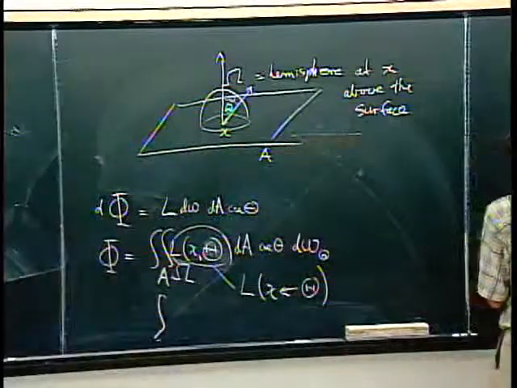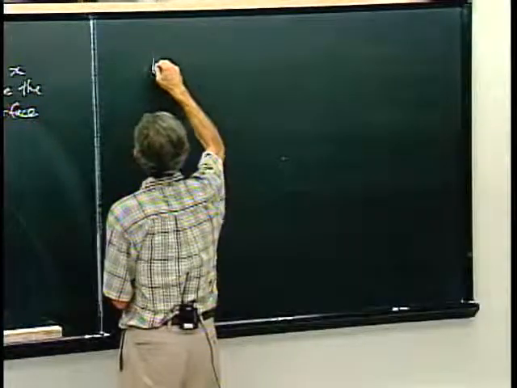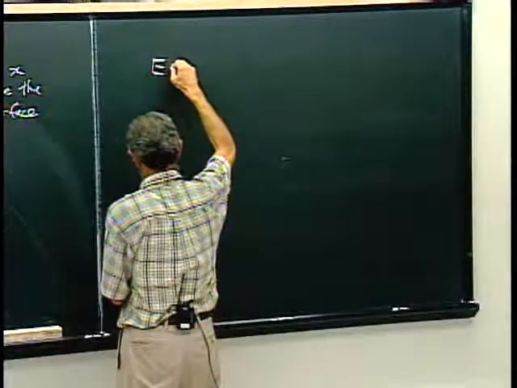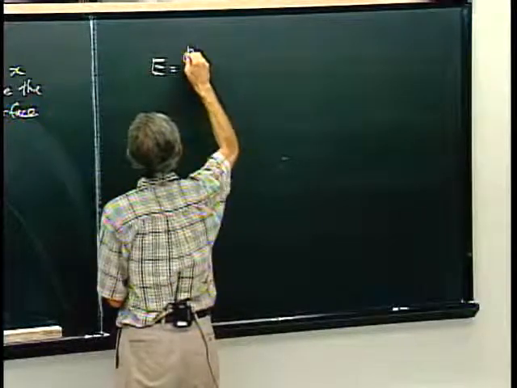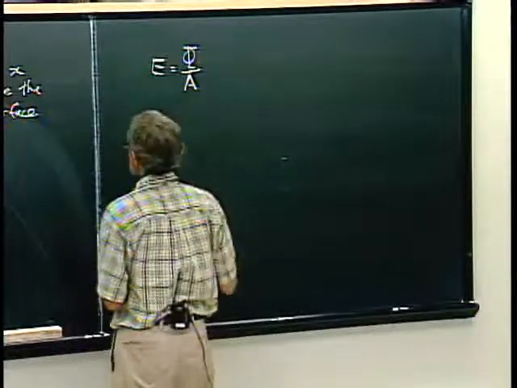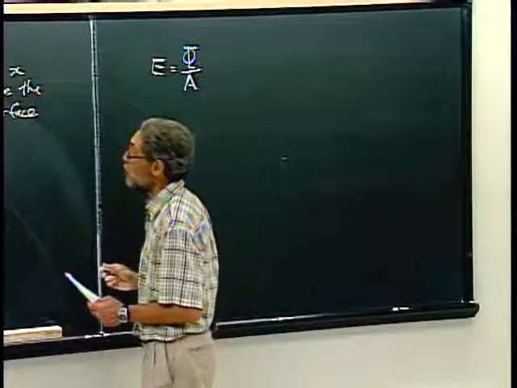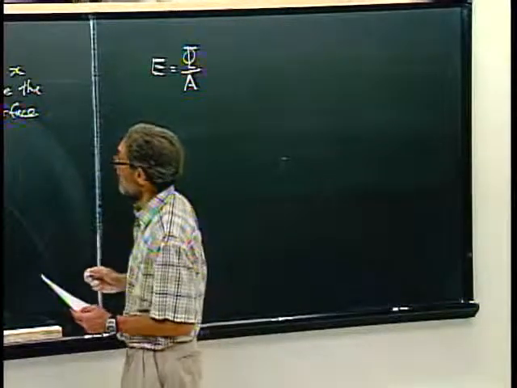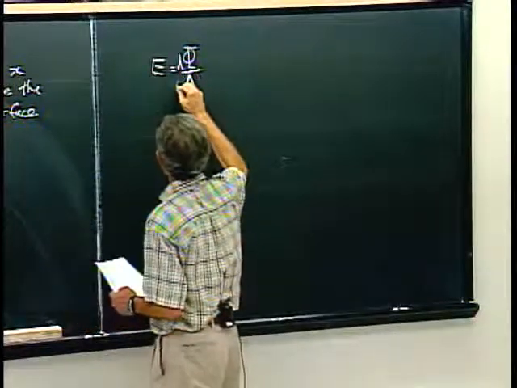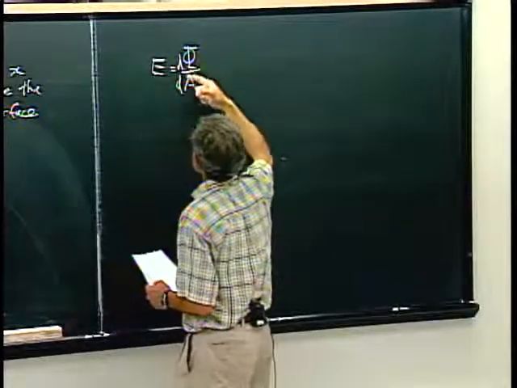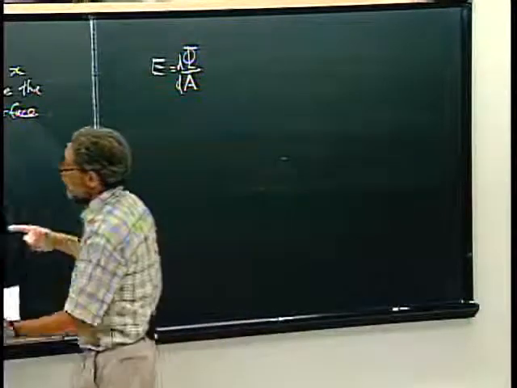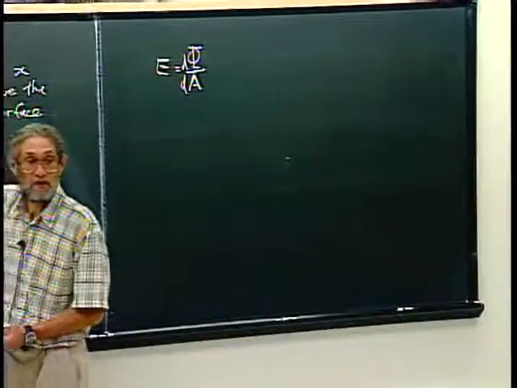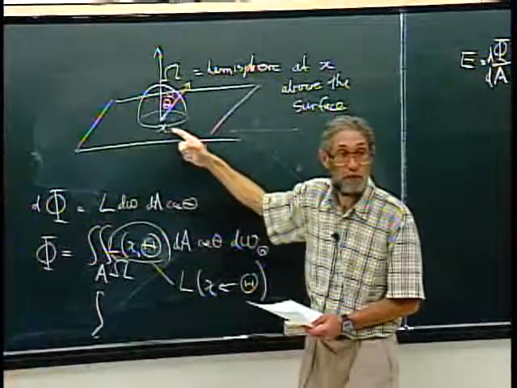So now I can say the irradiance should be this flux over the area, d phi over dA, where now this is the integral similar to what I have here, but for a small area where the area is so small that the flux really doesn't depend on this position x.